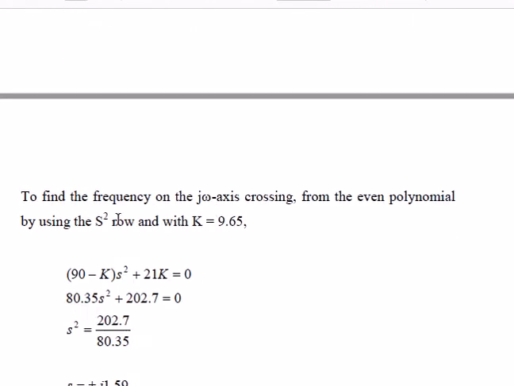To find the frequency on the j omega axis crossing, we use the even polynomial from the s^2 row with K equal to 9.65. So when we want to get the frequency, we use the even polynomial.